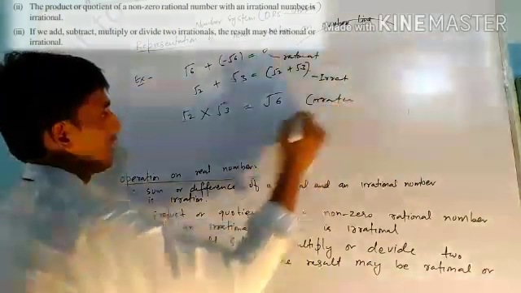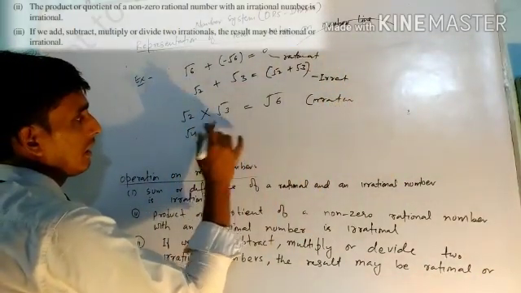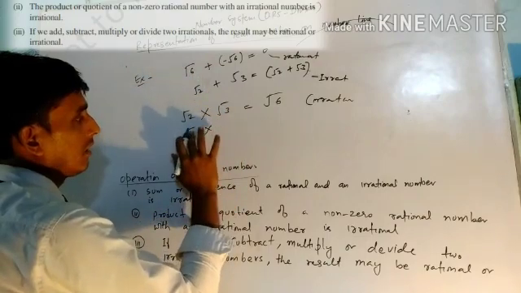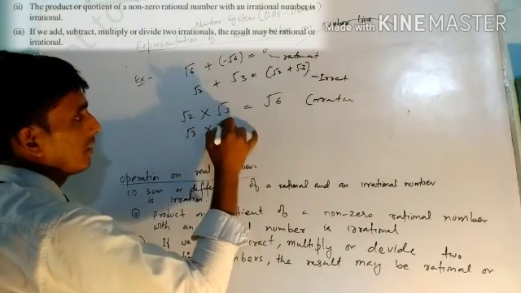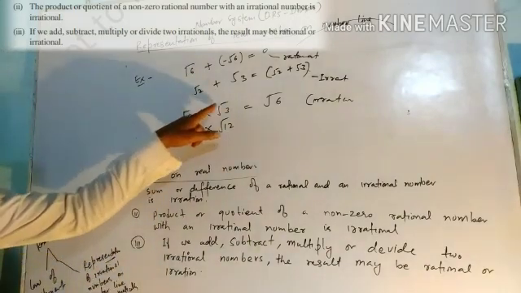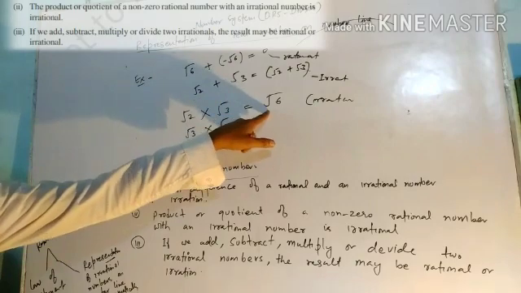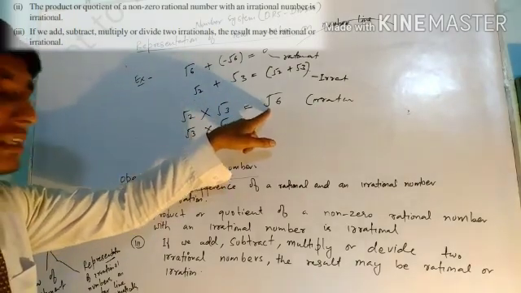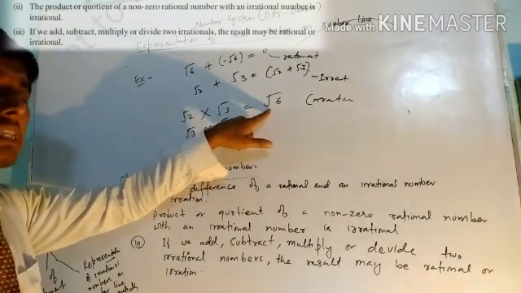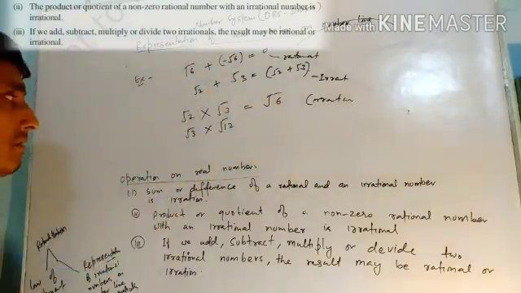irrational number. But if you have root 3 and root 12, these both are irrational numbers. You are multiplying them. In the first case you got an irrational number, because root 6 is irrational, because 6 is a non-perfect square.